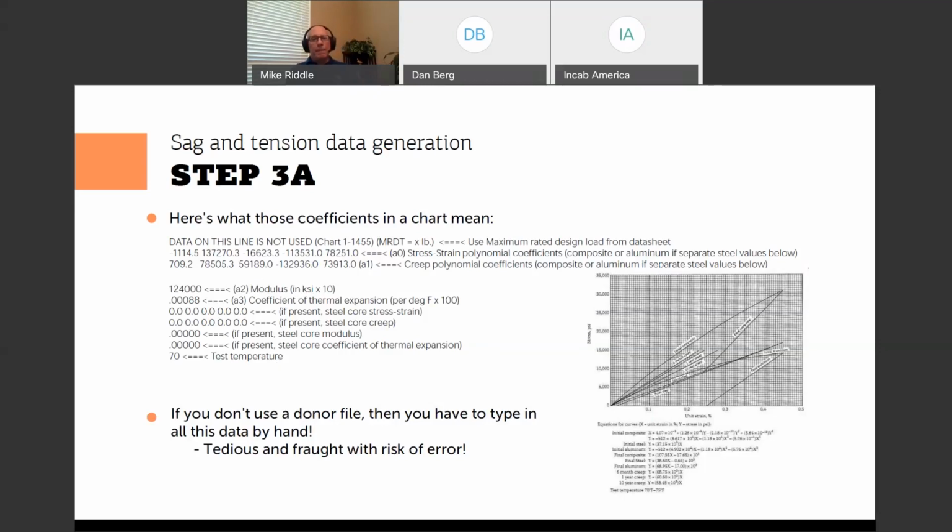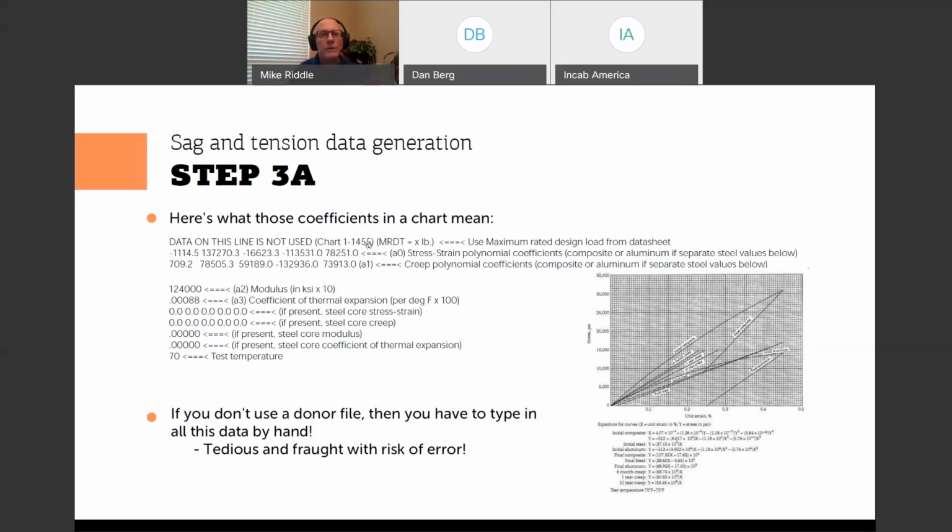Now, when you're working with PLS CAD, it is much better to start with a wire file for a cable that uses the same chart number as the cable you're now working with. So it's another cable design, completely different, except for the fact that they share the same chart number. That's what we call a donor file.